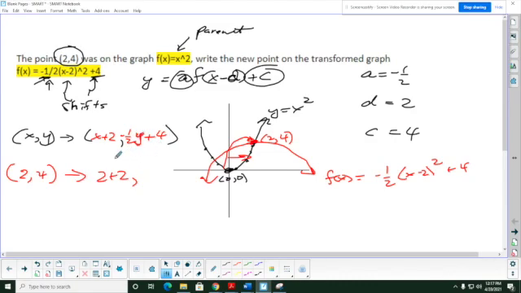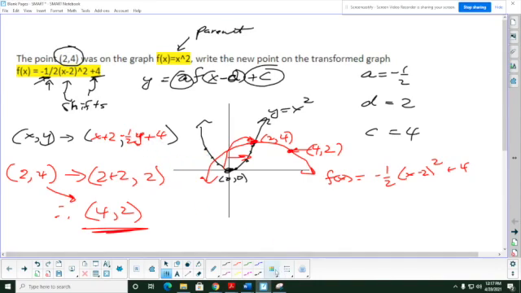Then I add 4, and negative 2 plus 4 is 2. So the corresponding point where (2, 4) ends up is (4, 2) on the new graph, somewhere around here.